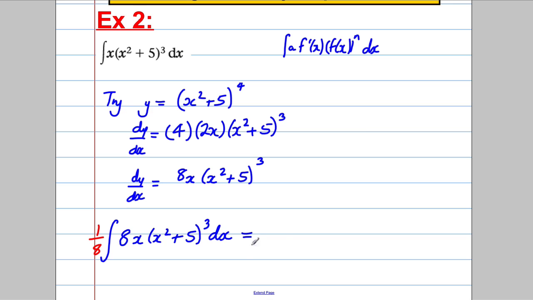So what would this be? This would be an 8th and this thing here, x squared add 5 to the power of 4 plus a constant. And you can always check that you're right by actually differentiating this and getting the thing that you started off with in the question.